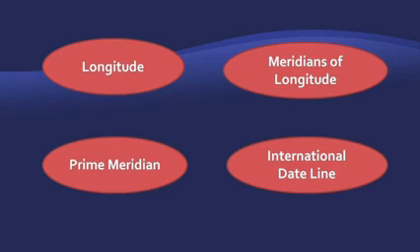And we also learnt that the equator is a horizontal line dividing the earth into two equal halves called the northern hemisphere and southern hemisphere. Now in this lecture we will discuss longitudes, meridians of longitude, prime meridian and international dateline. So children, let's begin.